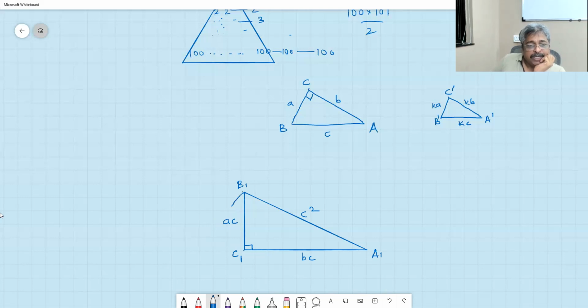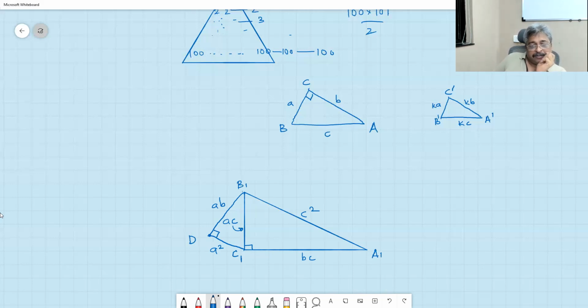I can do it in two ways, but I wish to do it in this way. So if this side is A, then proportionality constant is A. Therefore, this side is A square and this side is AB. Do you agree? Now let me name this point as D.